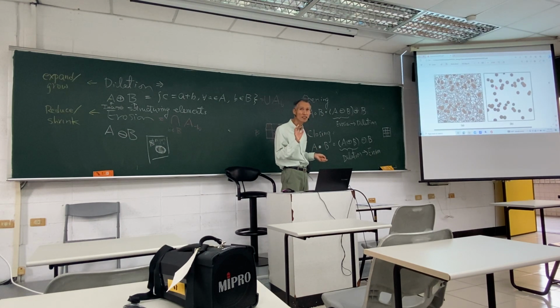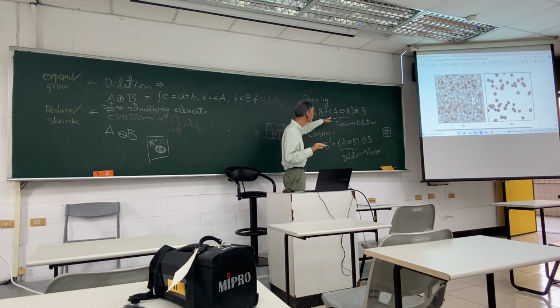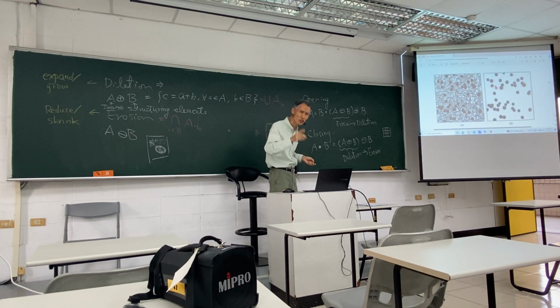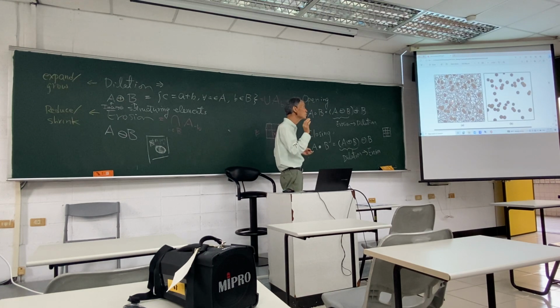You know what I'm saying? If the structural element is too large, then everything will be gone, not just the line but also the circular object. So you have to make sure the structural element is smaller than the object, but larger than the line width.